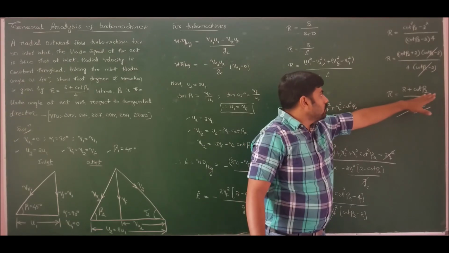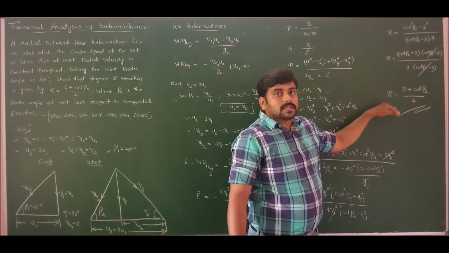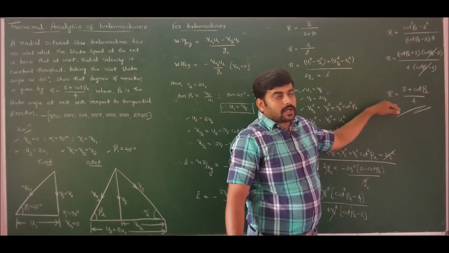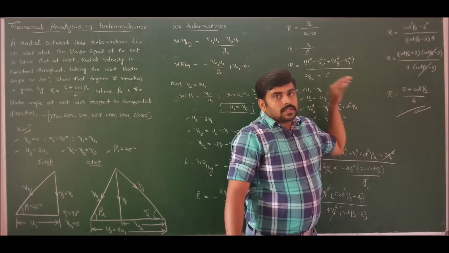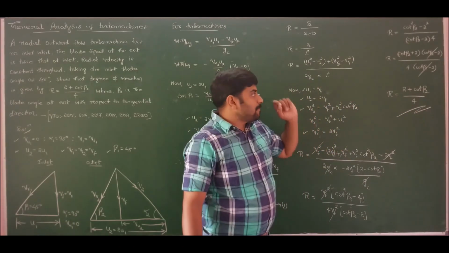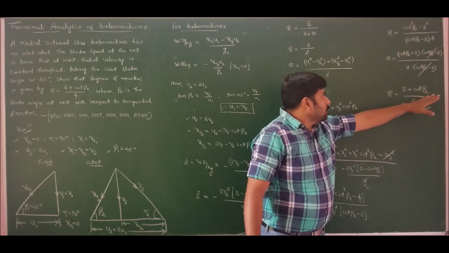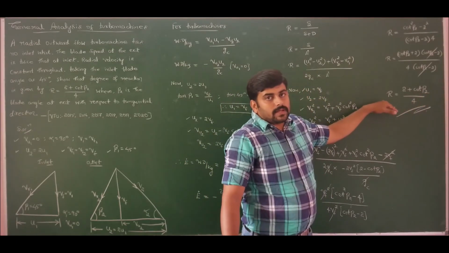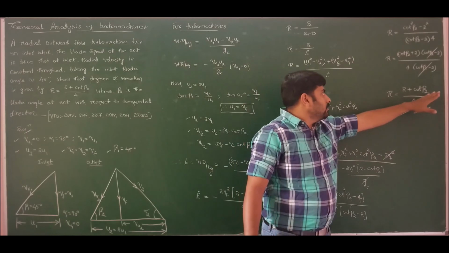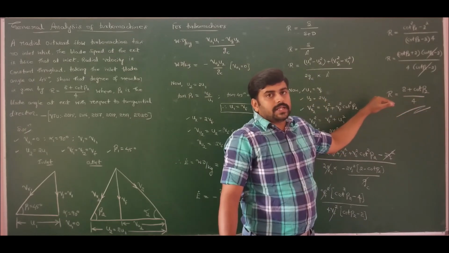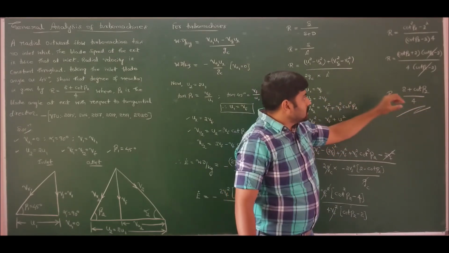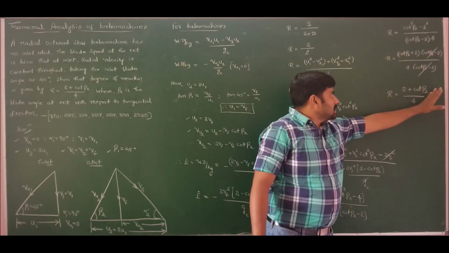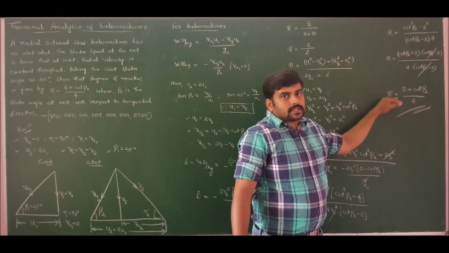So at what value of beta 2 degree of reaction will become 0? That is, at what value of beta 2 the turbomachine will become impulse, and at what value of beta 2 the degree of reaction will become 50%, and at what value of beta 2 degree of reaction becomes unity, so that we can analyze the effect of blade discharge angle beta 2 on degree of reaction.